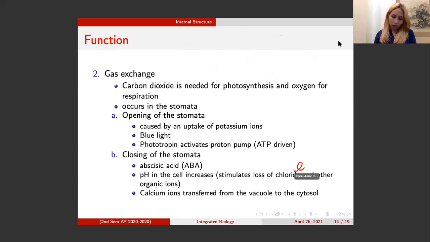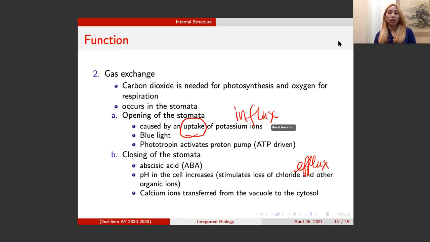So pag sinabi niyong efflux, it means palabas. No? These channels are the ones causing exit. Right? So yung potassium ions dito, pag sinabi mong uptake, ang ino-open niyan na proteins ay influx proteins. Okay? Efflux kapag palabas, influx kapag paloob.